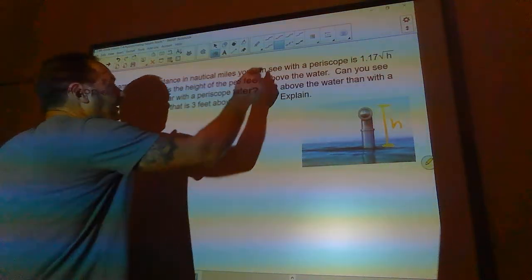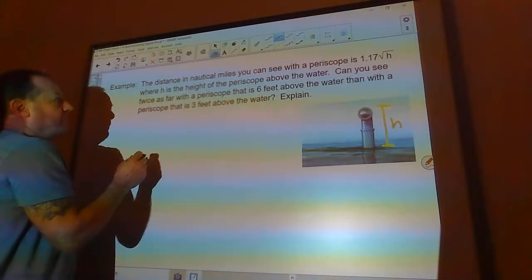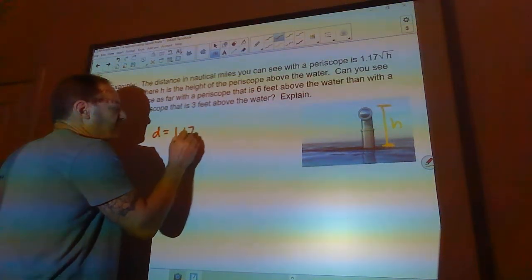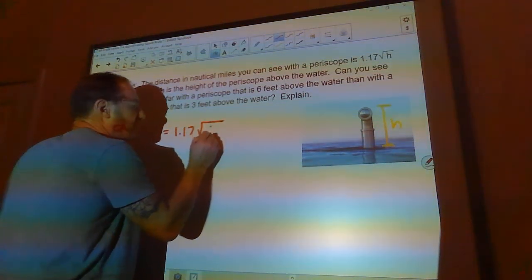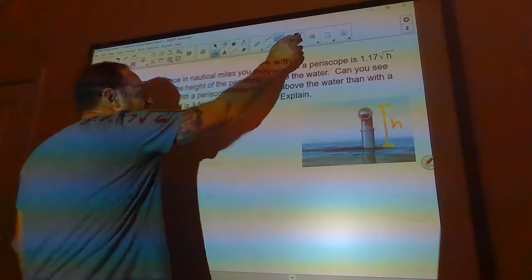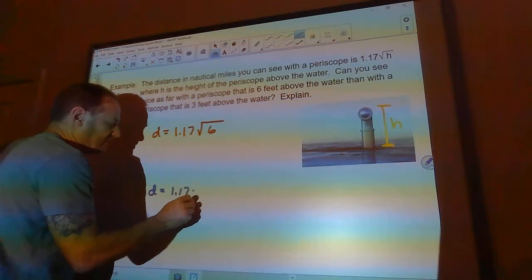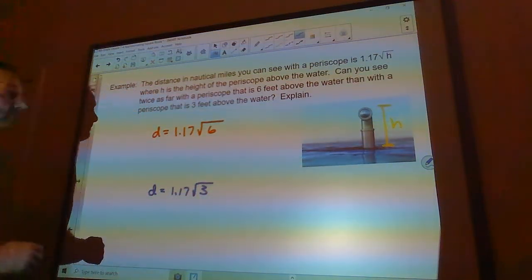Okay, well, let's figure that out. So the first one, the distance is going to be 1.17 times the square root of 6. And the other one, the distance is going to be 1.17 times the square root of 3.